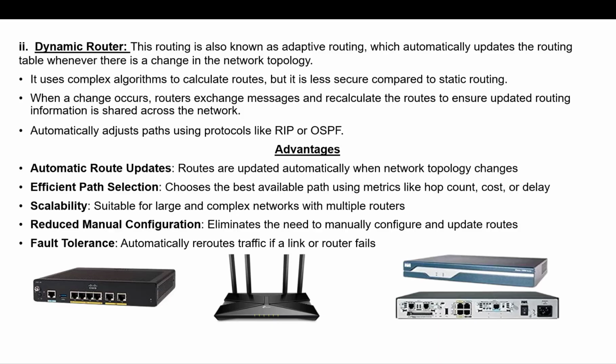You understand? So the advantages of dynamic are automatic route updates and efficient path selection. It means you have a lot of paths to choose from for moving things around. You also get scalability. Scalability means in the future the company will grow.